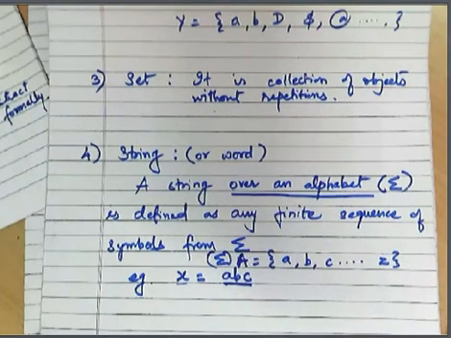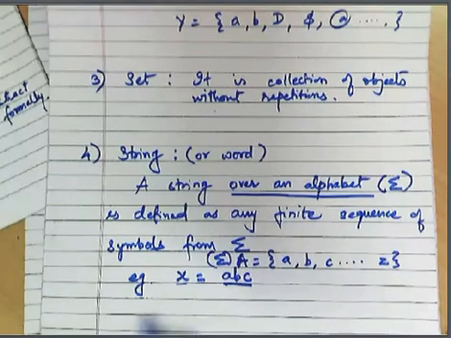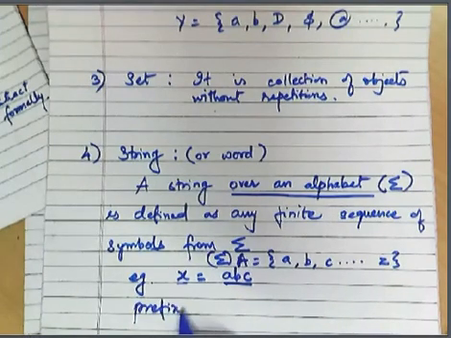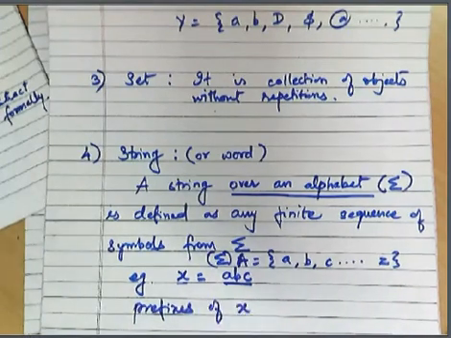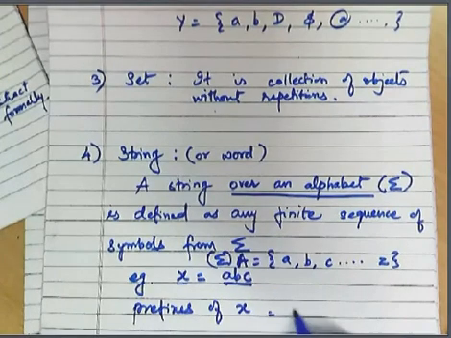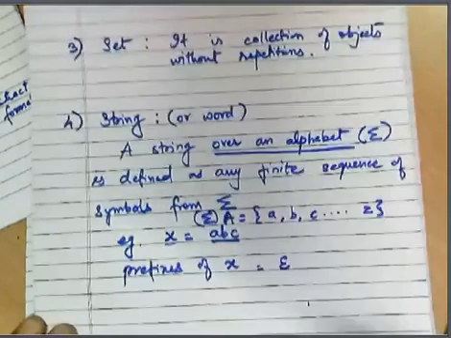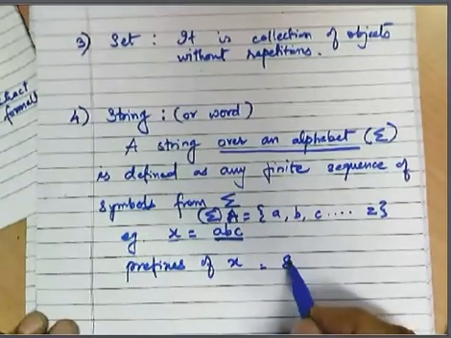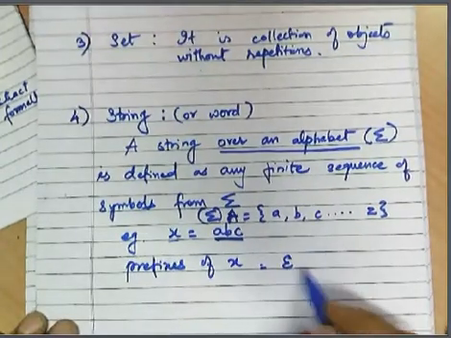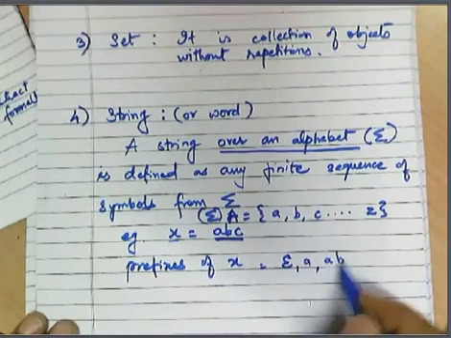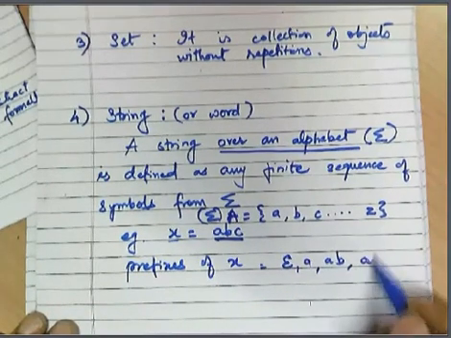Now, if I want to know the prefixes of X, then they will be the empty string, which I think you know is defined with epsilon, then A, AB, and ABC.